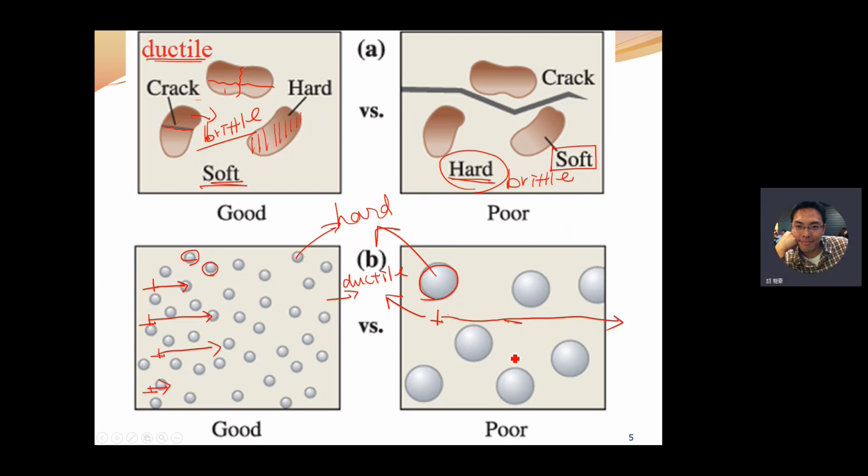If I have a dislocation here, there is no barrier in front of me, so I can keep moving. Of course, if I have a dislocation here, it will be stopped here. That means a larger dispersed phase is not able to easily stop the dislocation movement.